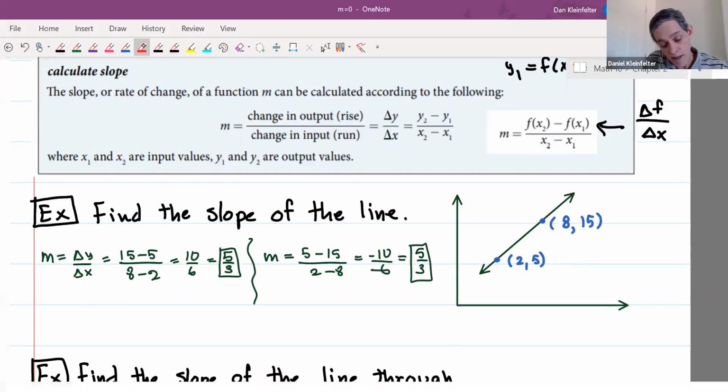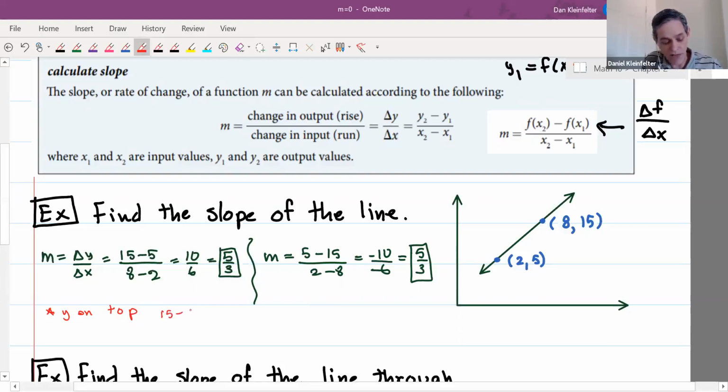You do want to be careful to make sure that you always have the y on top. Okay, so a frequent mistake people will make is they'll do the x change on the top. Another mistake people will make is subtracting backwards on just one of the numbers.